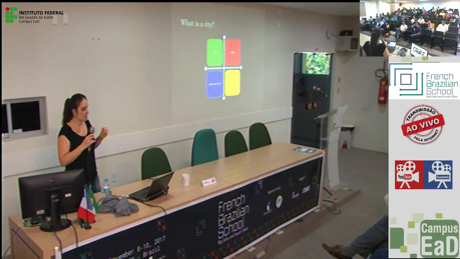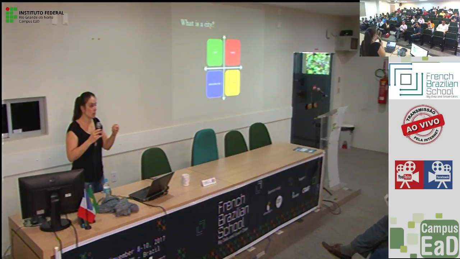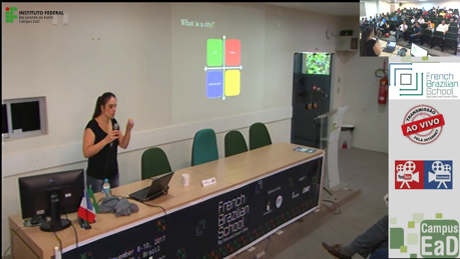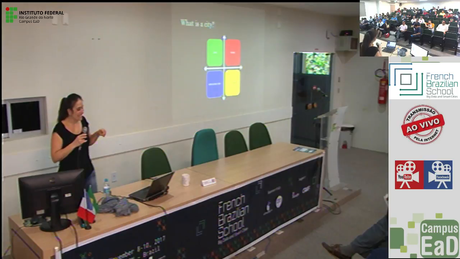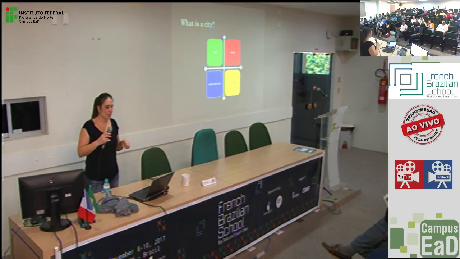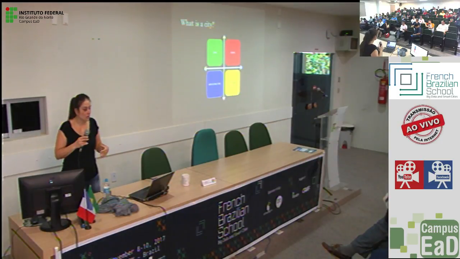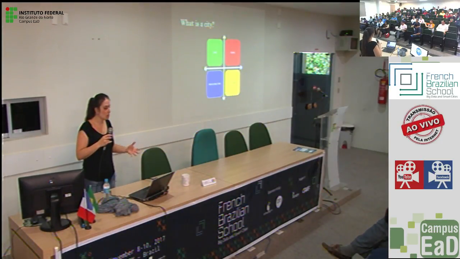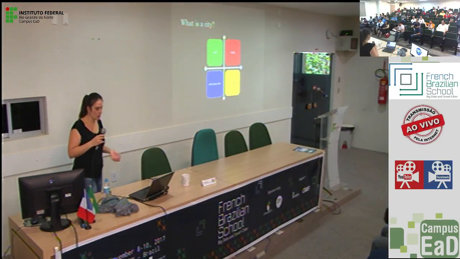Land, that is the territory on which the city is built, the geographical area on which the city has its own boundaries. Infrastructures, that is all the managerial or technological facilities supporting the urban life, such as public and private buildings, streets, transport, production sites, and so on.